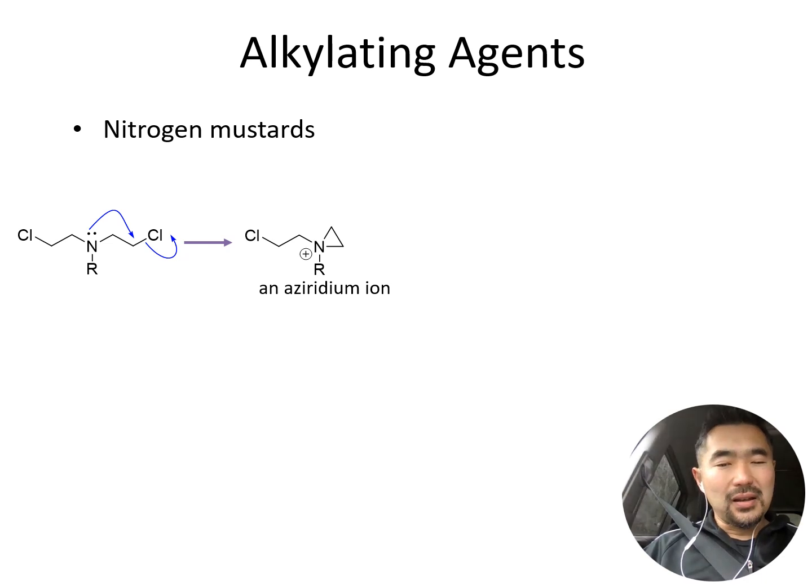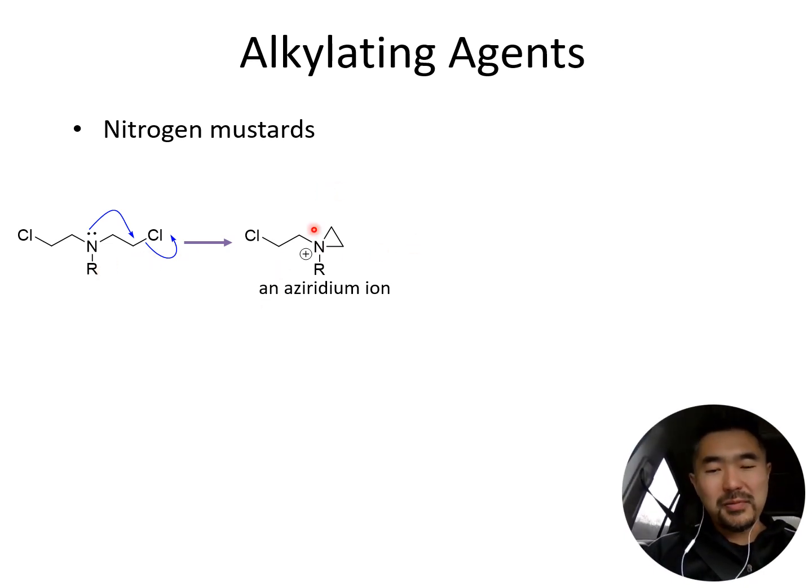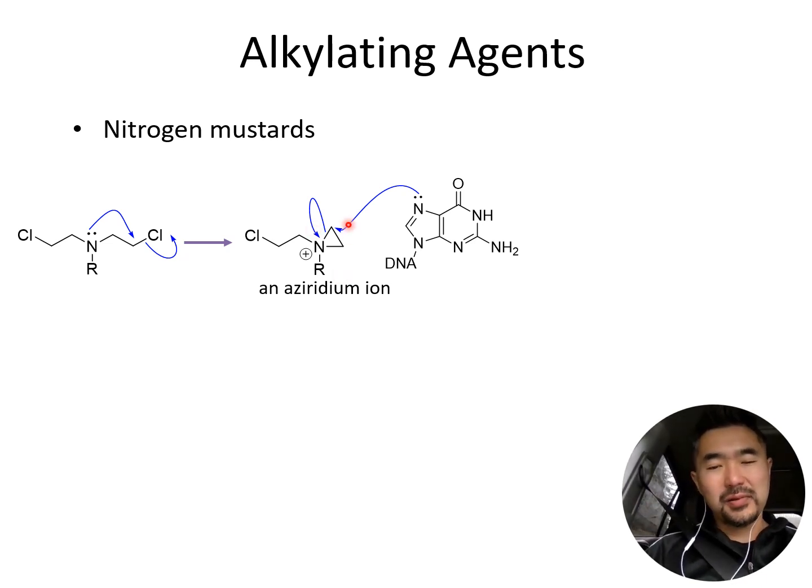The structure is set up for an intramolecular SN2 reaction to kick off the chloride, making this three-membered ring or aziridinium ion. And of course, this is not super stable because it's a cation.